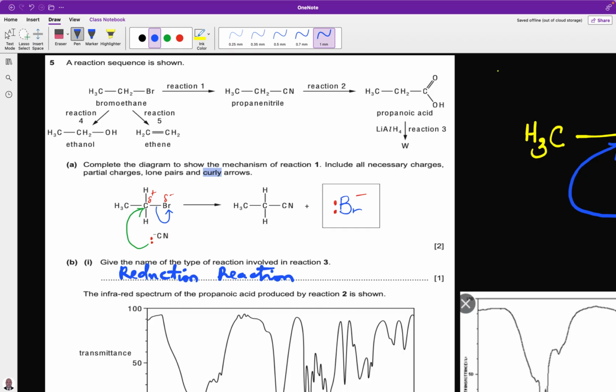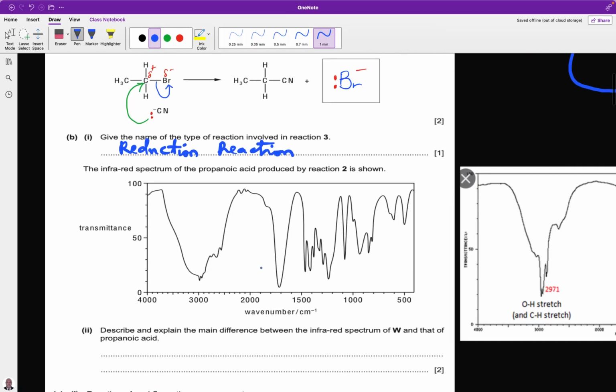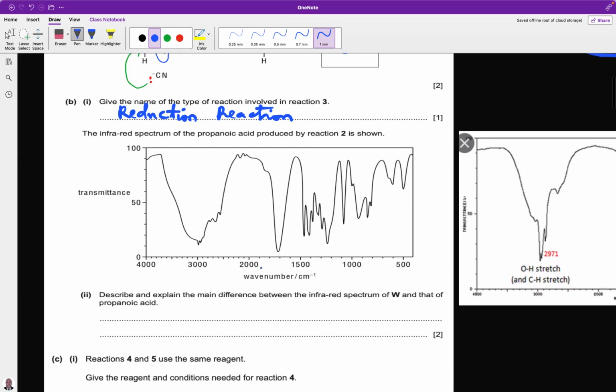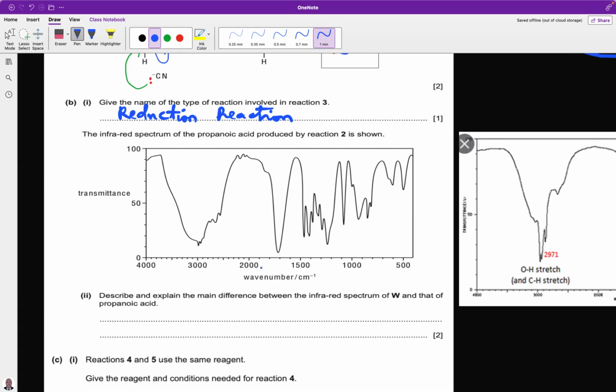Okay, it takes us to the other part of B. This question involves infrared spectroscopy.